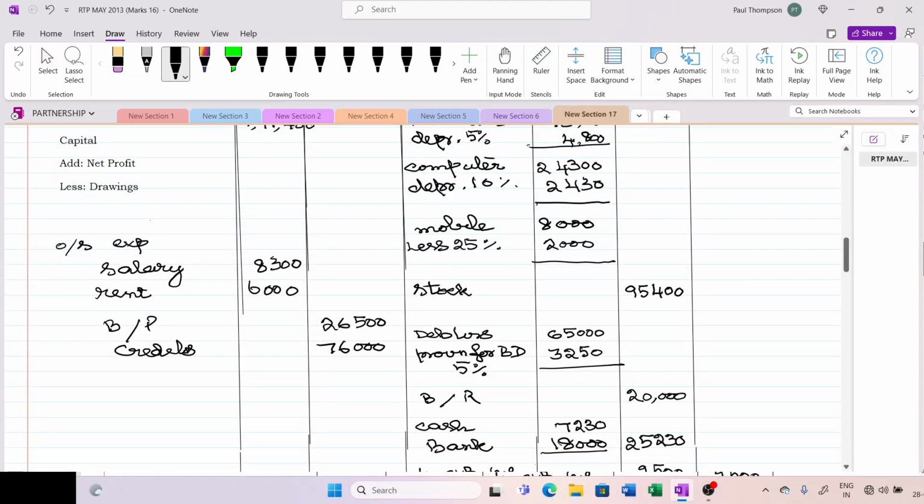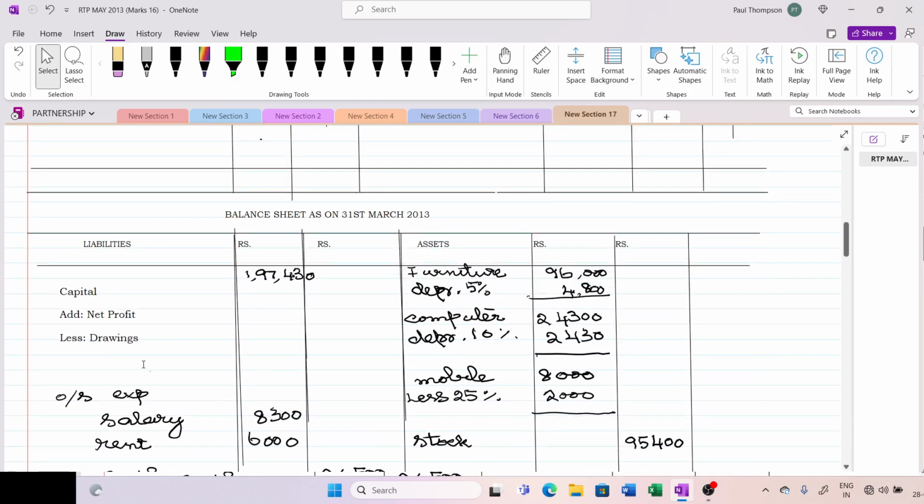Yes, 3250. Now let us take this balancing figure in the outer column. 91,200. This 24,300 minus 2430 is 21,870. Okay, 91,200. Next one is 6,000.